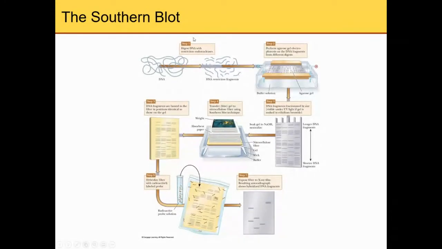So this is the procedure. You purify the DNA, perform the enzyme digestion, gel electrophoresis, transfer the DNA from the agarose gel to the membrane, and then you hybridize the membrane with a specific probe labeled with fluorescence or a radioactive isotope, and then you can visualize because the probe will find the complementary sequence, and then you'll be able to see the signal so that you can determine the location and the amount of that specific DNA in the sample.